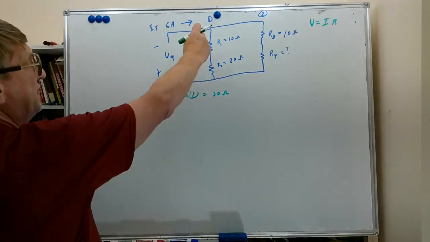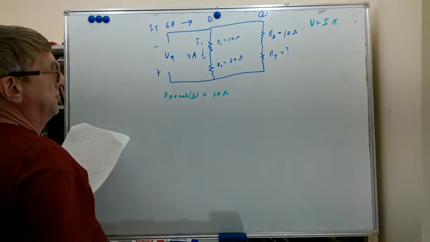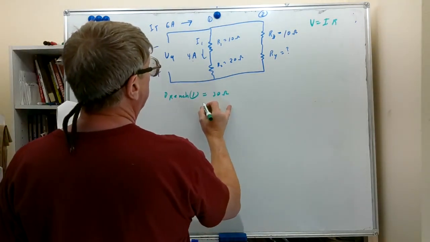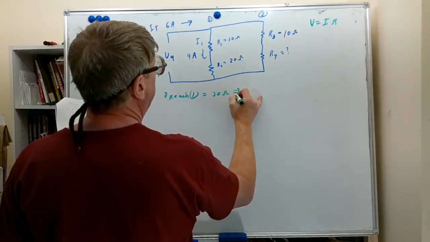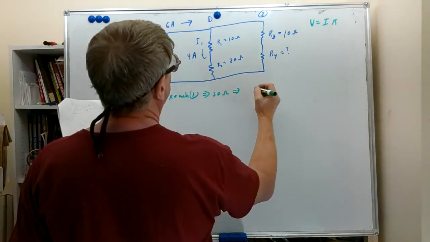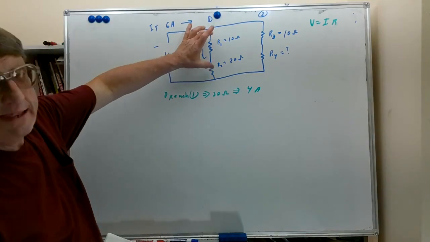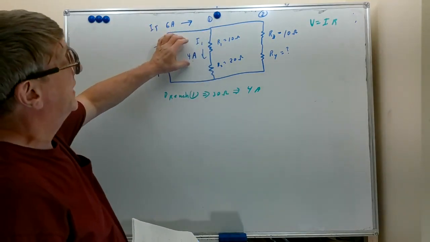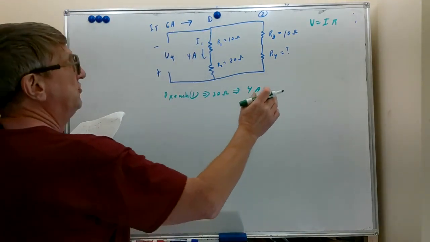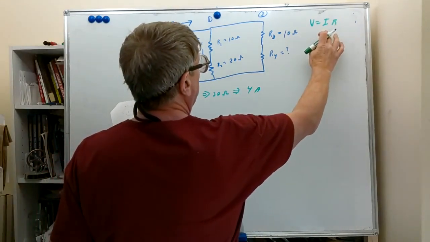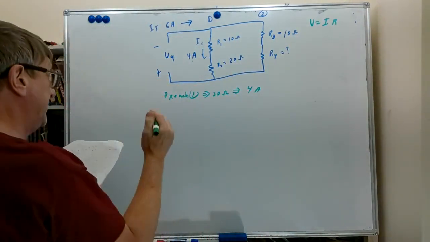But we're also given the current through branch 1. And so we also have 30 ohms and we have 4 amps. We got 30 ohms by adding these two resistors together. The 4 amps was given to us. Now using this current times resistance gives us voltage.